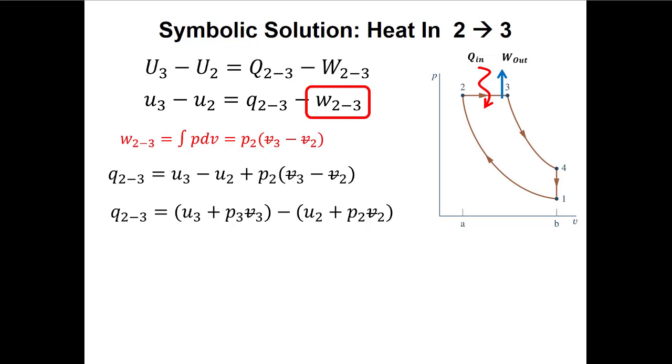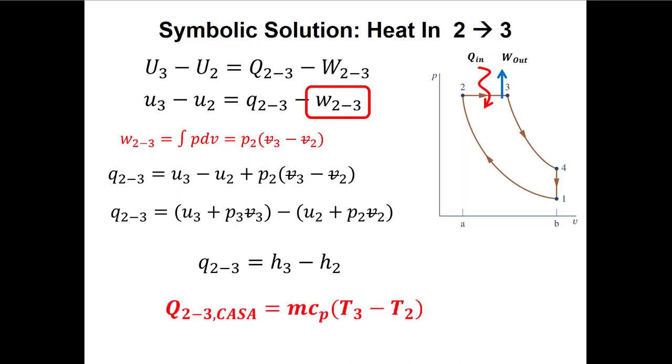Now, I recognize that the definition for specific enthalpy is U plus PV. So this heat addition is H3 minus H2. Hopefully this isn't too surprising. The derivation didn't change between the beginning of lecture and now, but sometimes it's nice to review these things.